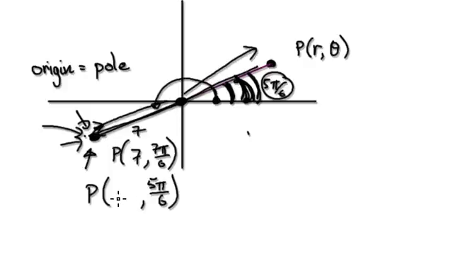That will then go in this direction. So this point here can be written as this, or it can be written as this, where you state this as being negative 7.